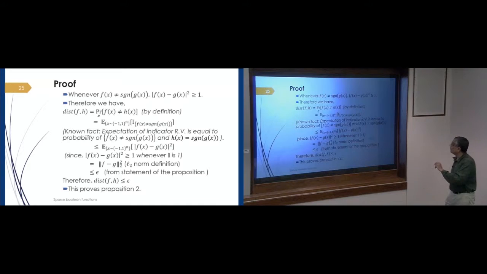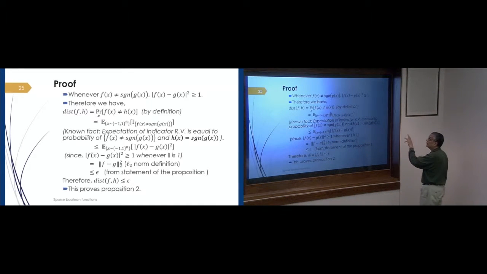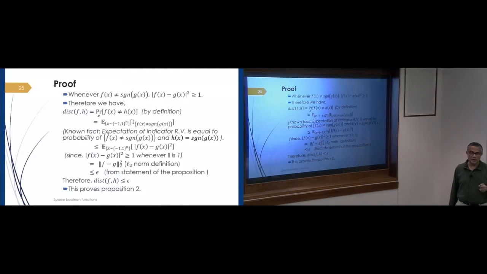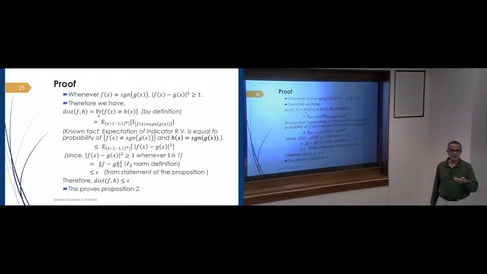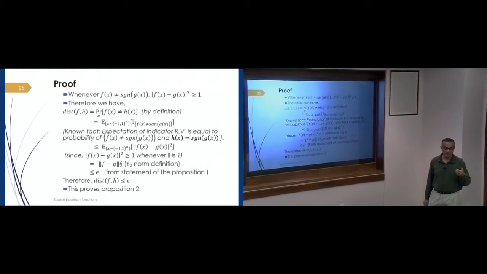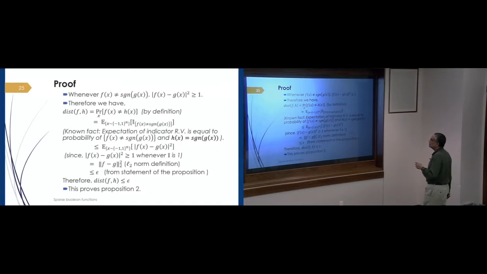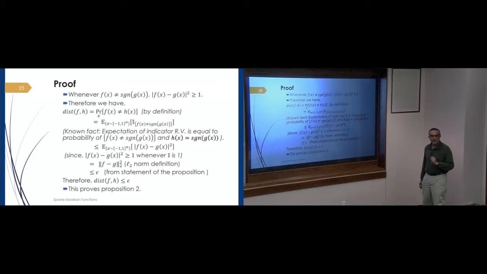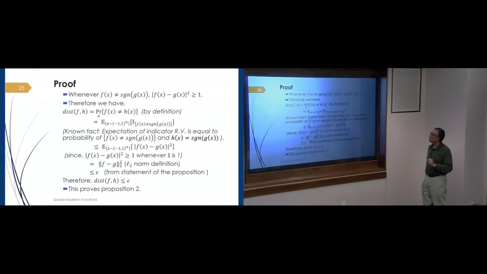So it's an obvious fact that since f(x) and sign(g(x)) take on specific values, the absolute value of f(x) minus g(x) squared is greater than or equal to 1. Because if they're different, they're off by at least 1, right? So therefore we have the distance function between f and h, okay?